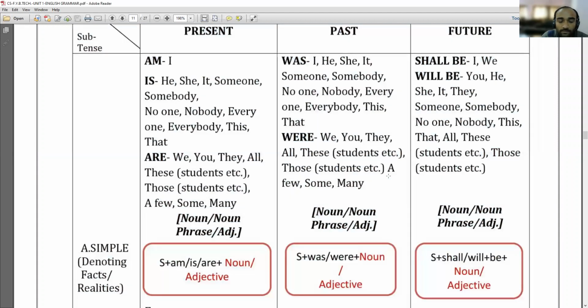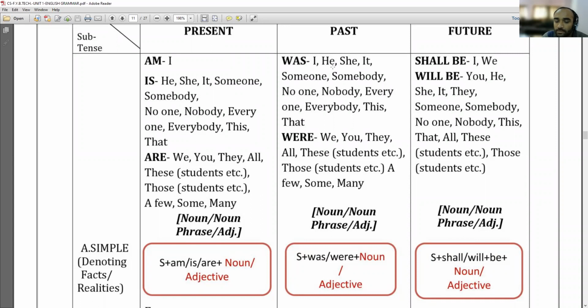So subject plus am, is, are, plus noun or adjective for denoting the facts and realities. We use this structure. For denoting the facts in the past tense, we use the structure subject plus was or were plus noun or adjective. This is the structure. If I'm talking about myself, I was a student.